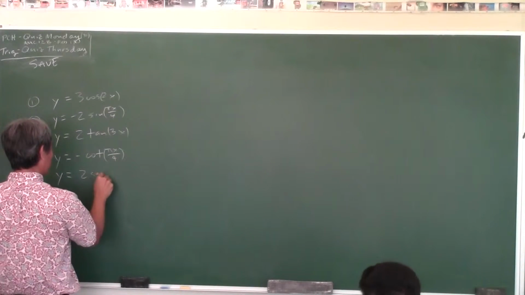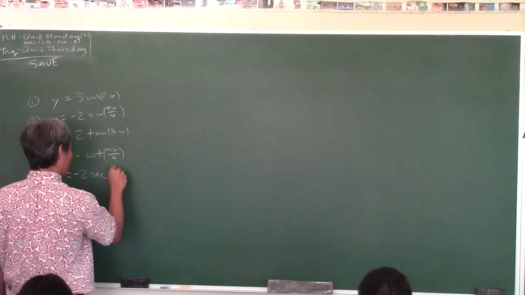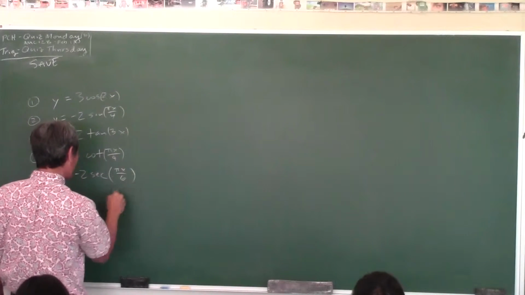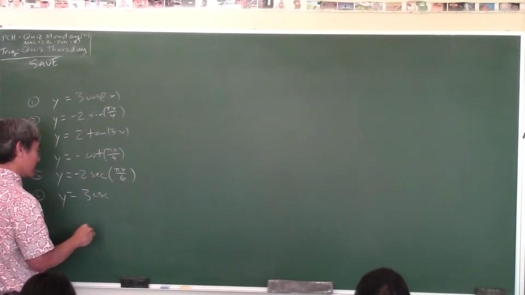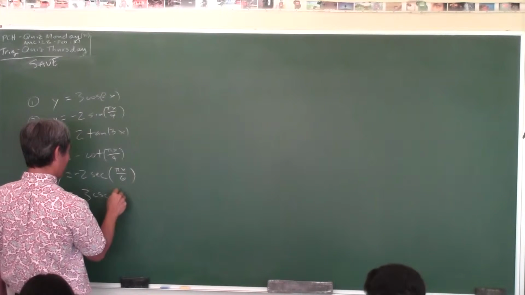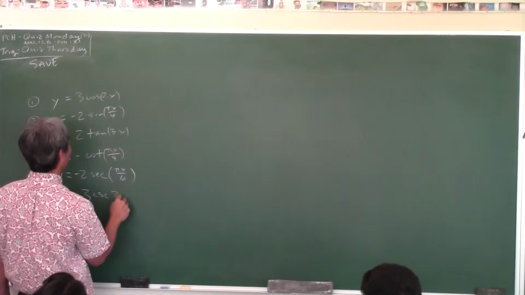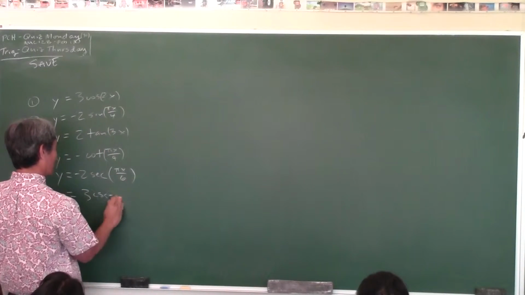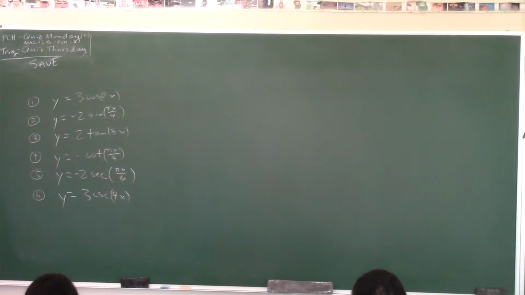Negative 2 secant pi x over 6, and then y equals 3 cosecant, give me a regular number. 5. How about 3x? No, we already got 2x, 3x. Let's go with 4x then. You gotta mix up the numbers. There's your practice quiz right there.